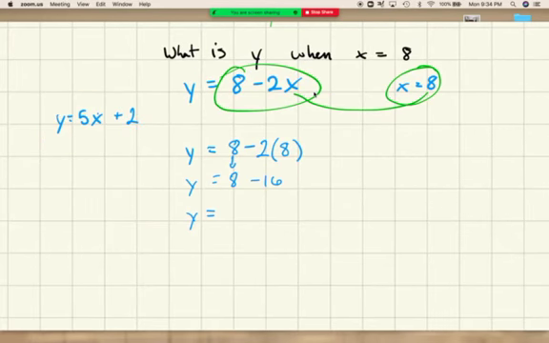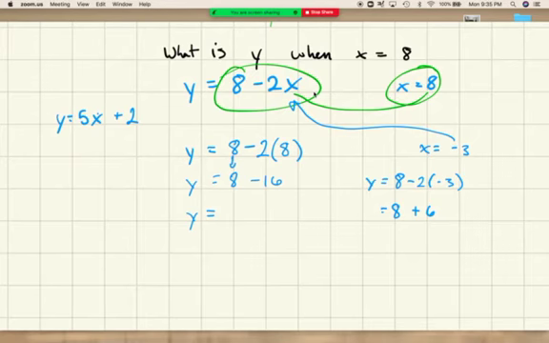And you can plug in anything that's in the domain, any x value that you want. So like on that table, I think another x value was negative 3. Well, we could plug that in too. So y equals 8 minus 2 times negative 3. Negative 2 times negative 3 is positive 6.